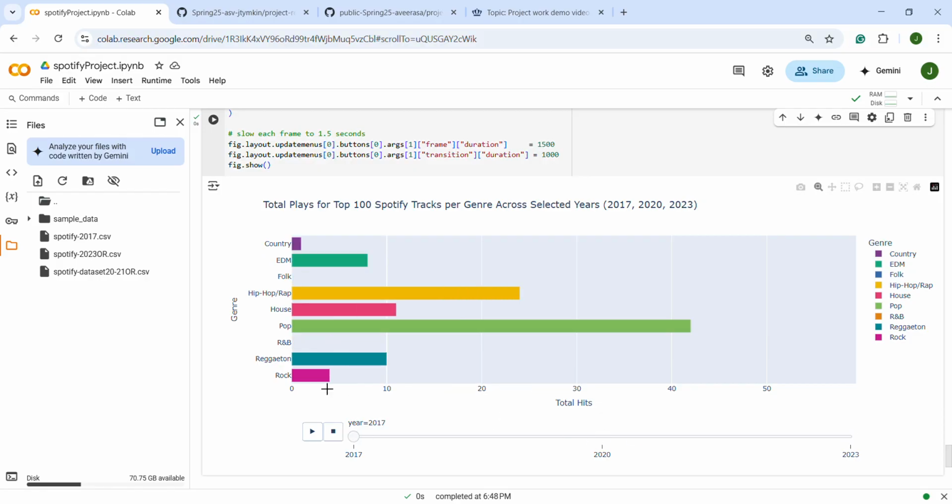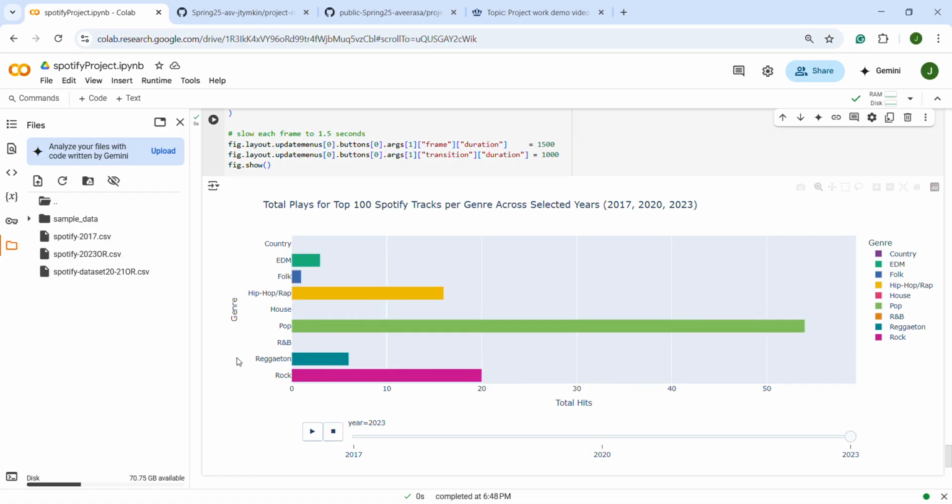So I actually did go and look at the 2023 rock because I was really confused, and it was a lot of older rock songs, which I was a little disappointed in. But when you're looking at overall stream numbers, it makes sense.